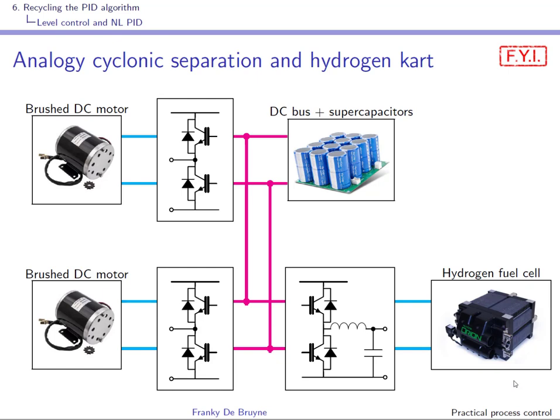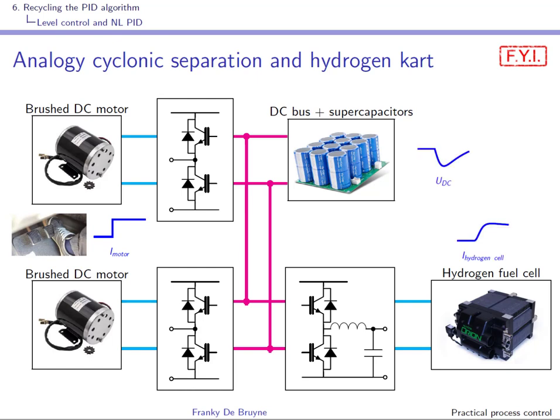Again, we have this situation that it is best to operate the hydrogen fuel cell with a current that is as smooth as possible. Here again, we need average level control of the voltage of the DC bus, because when you push the accelerator, you do not want this step-like increase in the current to cause a step-like change in the current coming from the hydrogen fuel cell.